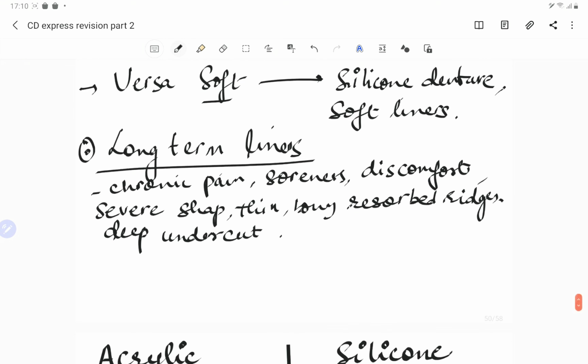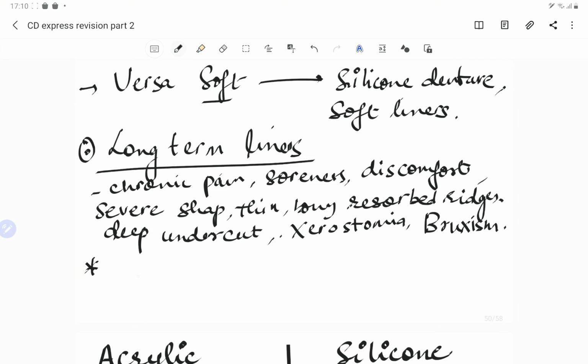And when the patient is having xerostomia, then also we give long term liners. If the patient has a bruxism habit, the loads are more, because the patient is doing the parafunctional habit, so more load is there.